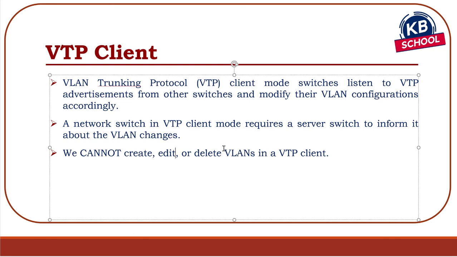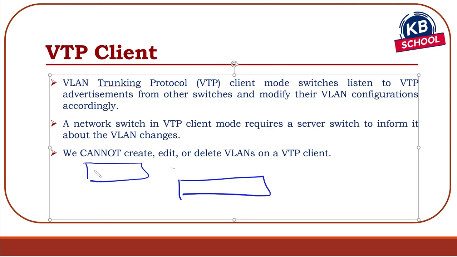All right. So again, this is a switch that will be managed from the VTP server. Having said that, I just want to make sure you understand that although I cannot create the VLANs over here, I'll take the VLANs from my VTP server. So let's say this is my VTP server.